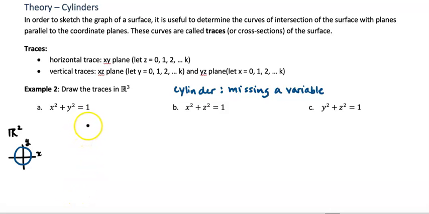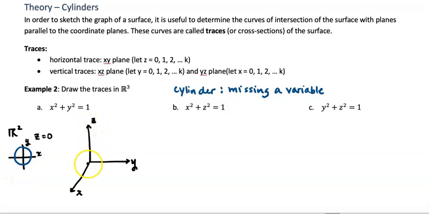So now in 3 dimensions, how does this change? Well, what this tells me is that if this were in 2 dimensions, so if z is equal to 0, this is what that graph would look like.